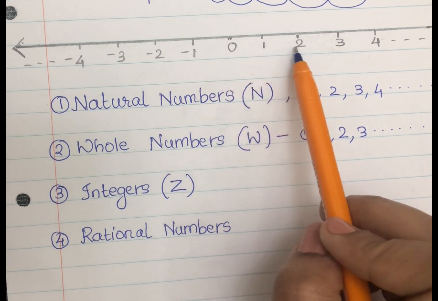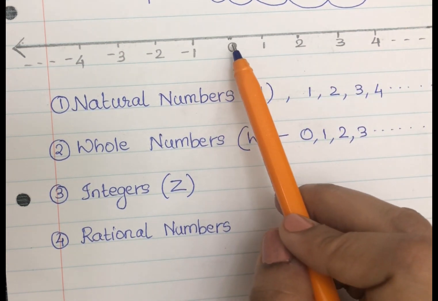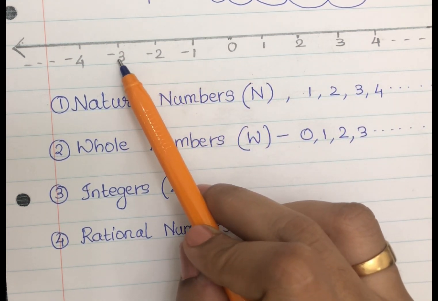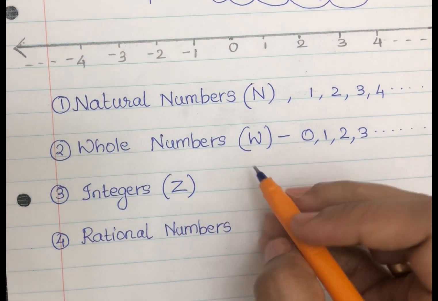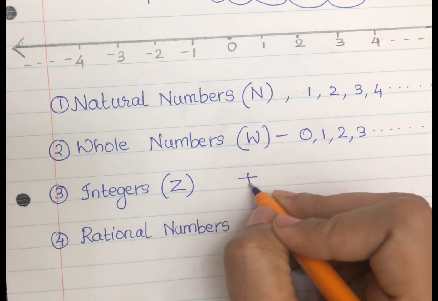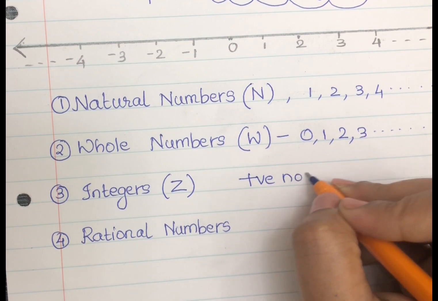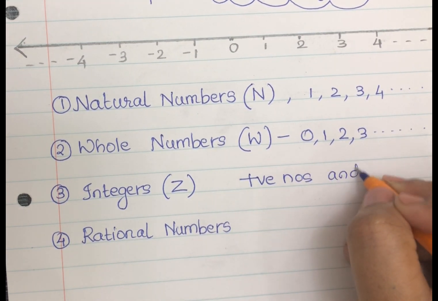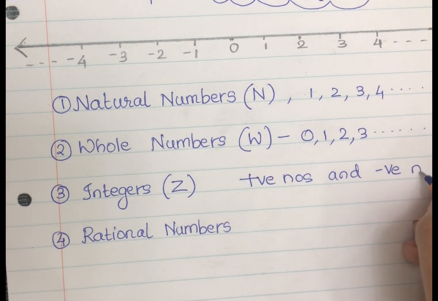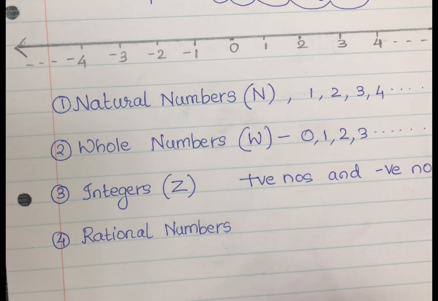That is 0, 1, 2, 3, 4 and so on, and -1, -2, -3 and so on. So a group of positive numbers and negative numbers are integers.